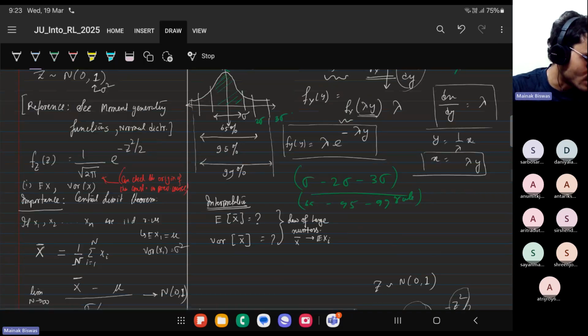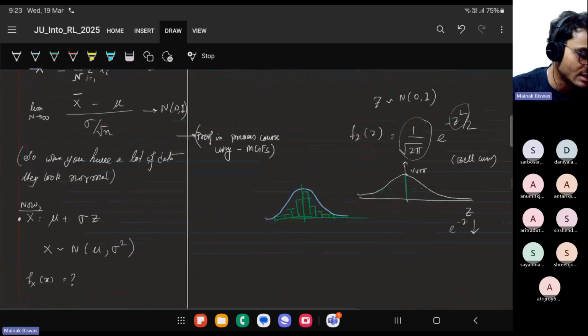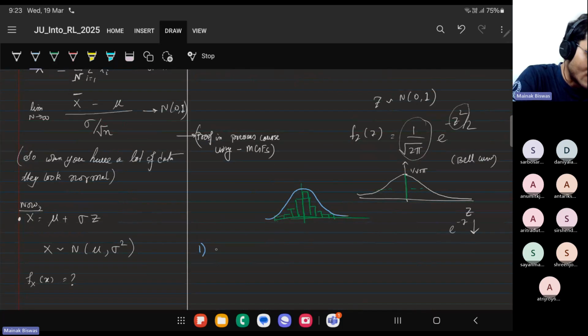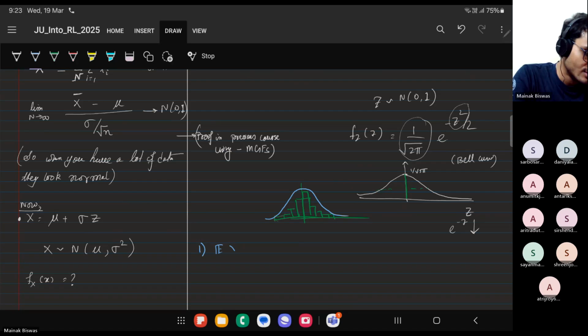So let's find out some properties of the normal, like the mean and the variance. Then it will be easier for you to understand. So now tell me the expected value of the mean. I will give you a computer simulation example, then maybe you'll visualize it better. Say the expected value of x you want to find, or z here in our case. Z is distributed as normal 0, 1.